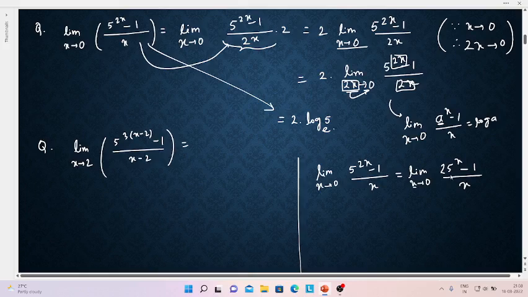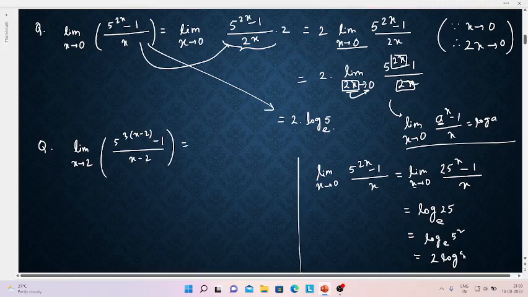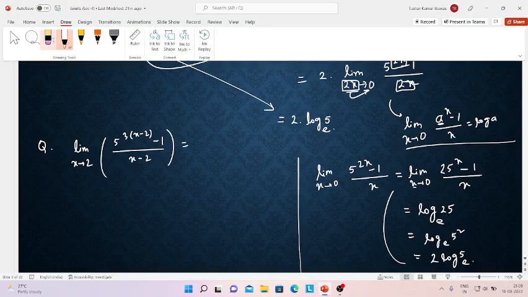Here you can see that it forms the same as limit x tending to 0, a to the power x minus 1 upon x, right? So that is nothing but log 25 base e. 25 can be written as 5 square, and you know log a to the power n can be written as n log a. So 5 to the power 2 can be written as 2 log 5, base e. So that is also the same, right?